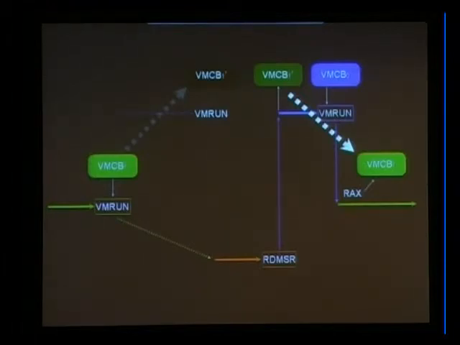The RAX register should be filled with the valid physical address pointer to the VMCB1. And we also fill VMCB1 with the event that was returned to us in VMCB1 prim. This is why the nested hypervisor will think that it receives the event from its guest, because it analyzes the value in the RAX register.